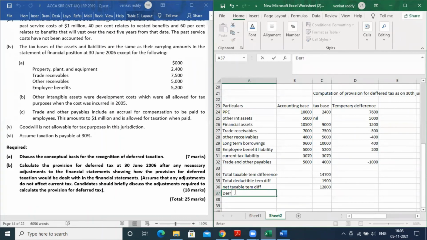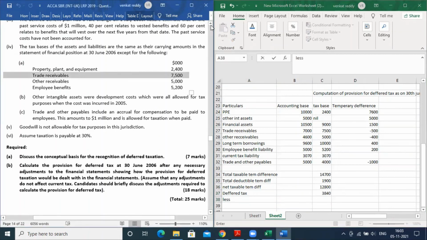So the deferred tax: that is 12,800, and the company tax rate is 30%. So the deferred tax for the current year should be 3,840. From this 3,840, we will be deducting the deferred tax opening value.